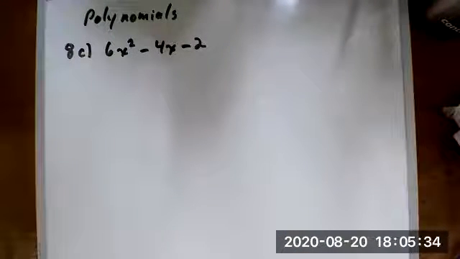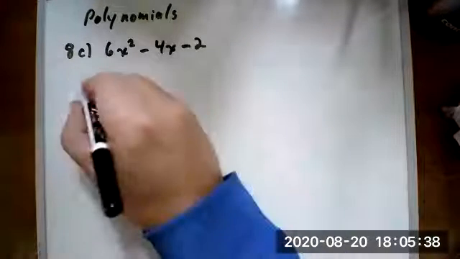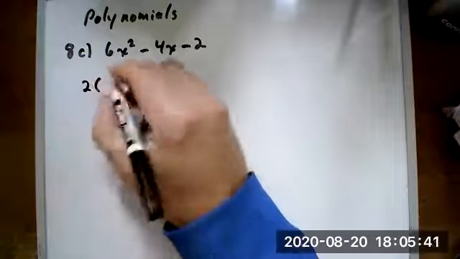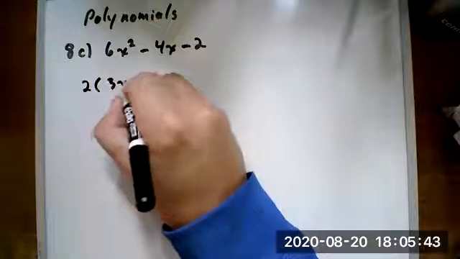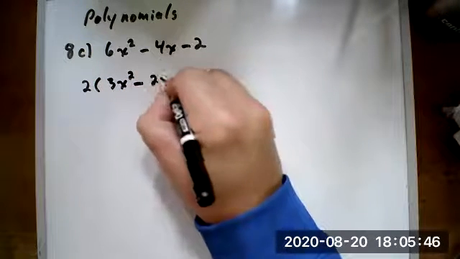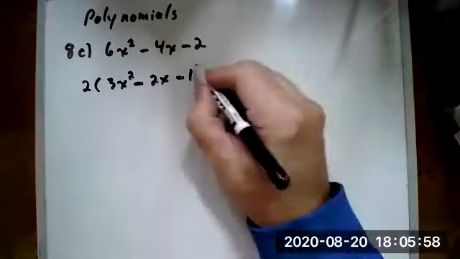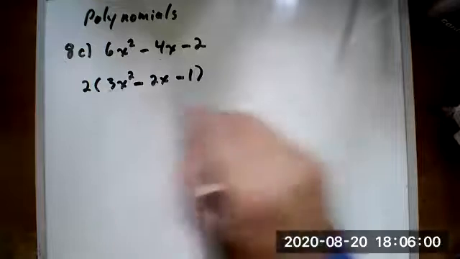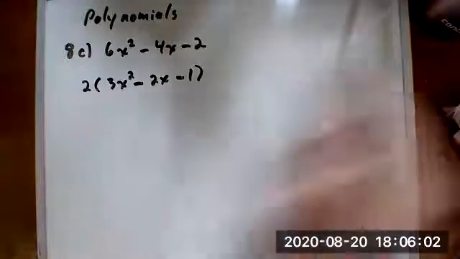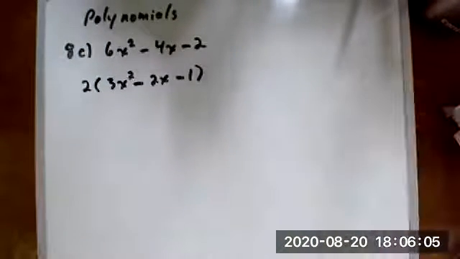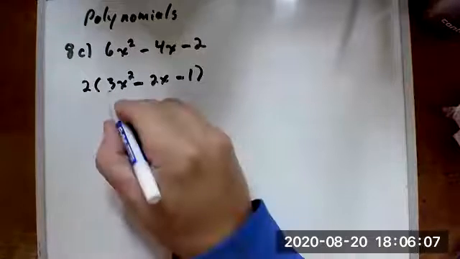So in fact, if we wanted to, we could factor a 2 out of this and just work with smaller numbers, which makes life a lot easier. So when I do that, we still go back to our AC factoring, but now our A and C are 3 and -1. So all we're really looking to get to is -3.